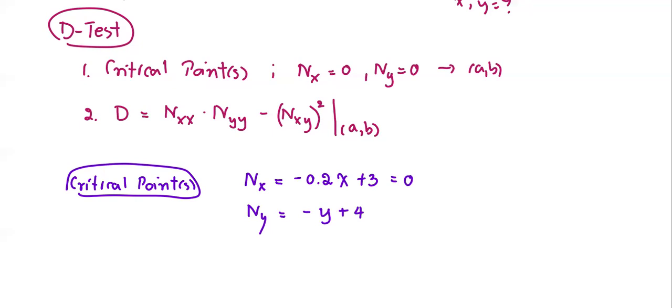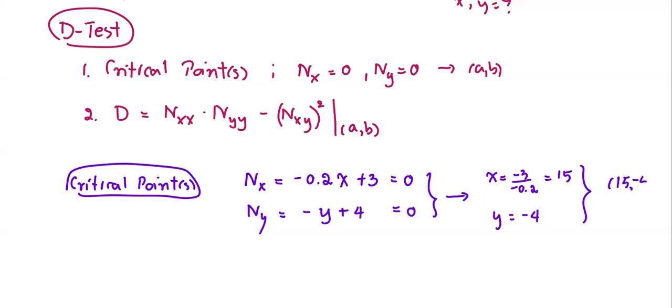And let both of them be 0 and solve for x and y. That's nice that the first equation involves x alone, so we get x = -3 divided by -0.2, which turns out to be 15, and y = 4. Now we got the ordered pair that we call the critical point: (15, 4).